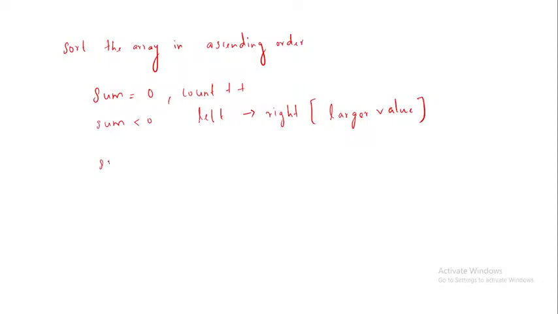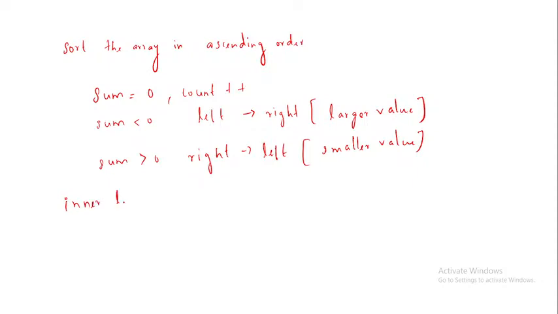Now what if my sum is greater than 0? If it is greater than 0, I will move the right pointer to the left. What is the purpose? In order to get a smaller value, right? So these are the 3 conditions we will handle. And when will the inner loop stop executing?